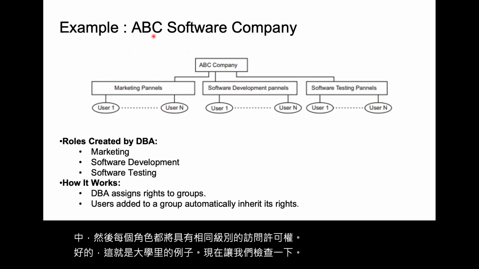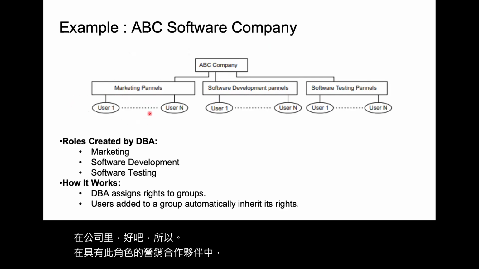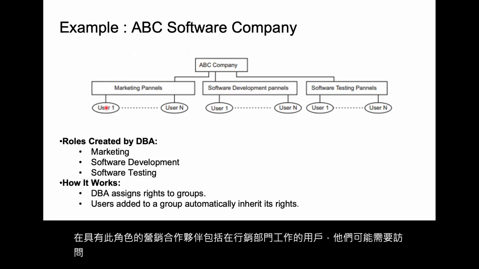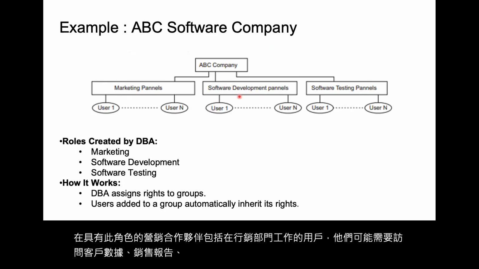Okay, so in marketing, this role includes the users who work in the marketing department, and they might need access to customers' data and the sales reports, right? And then for software development, this role will include the users who develop the software.